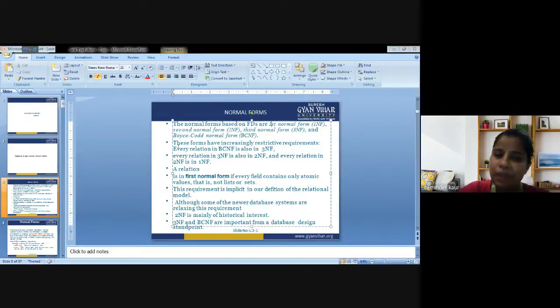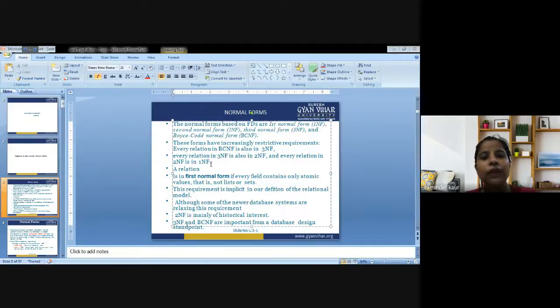It is mentioned here: every relation in BCNF is also in 3NF, every relation in 3NF is also in 2NF, and every relation in 2NF is in 1NF. Why am I saying so? Because there are certain conditions that are set, and we are supposed to meet those requirements in accordance with them.